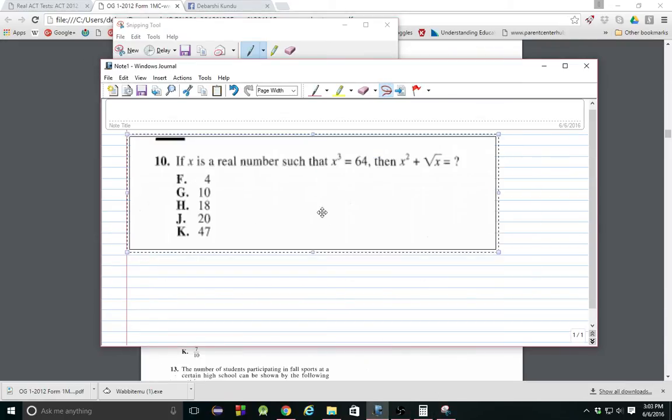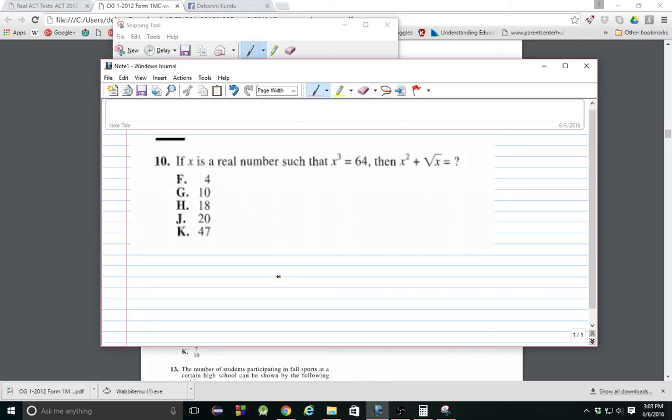If x is a real number such that x cubed equals 64, then x squared plus root x equals... Okay, so x cubed equals 64. So x equals the cube root of 64.